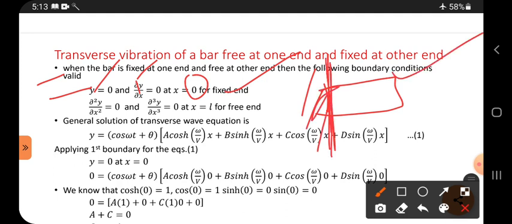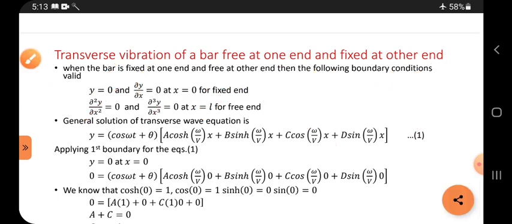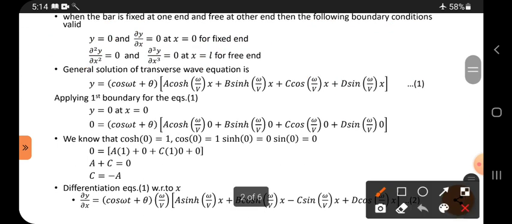But this end is free. For the free end, at x equals L, dou square y by dou x square equals 0 and dou cube y by dou x cube equals 0, at x equals L.